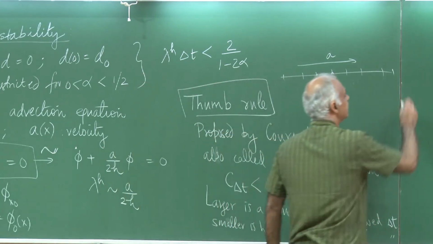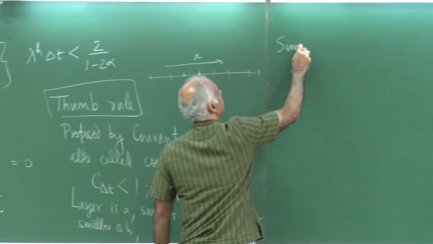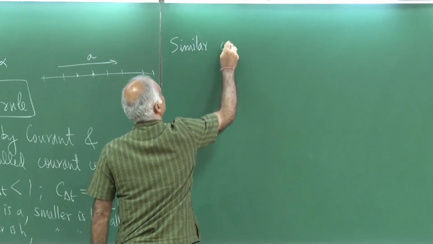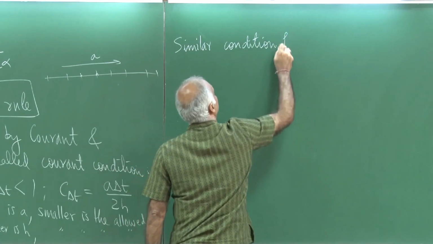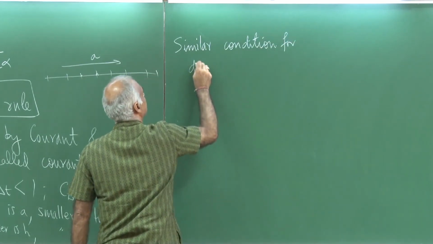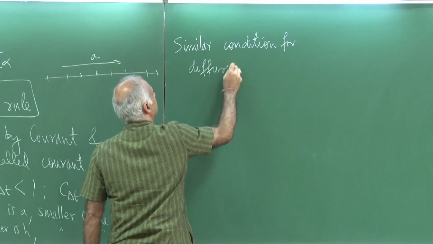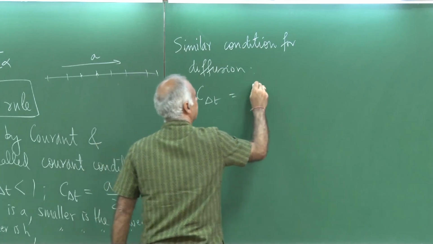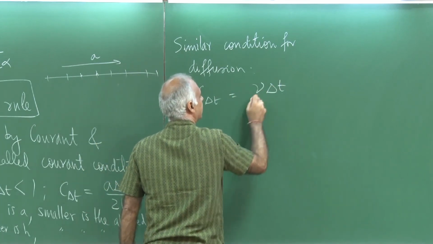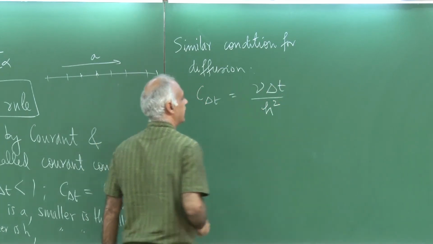There is a similar condition for diffusion, and there the Courant number is defined as nu delta T by h square.